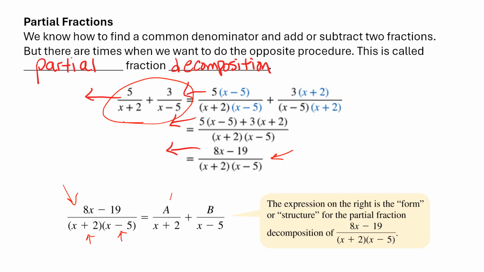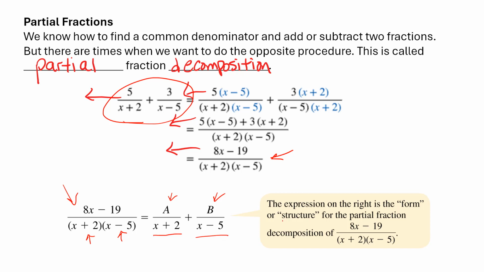And then the numerators will be unknown, but we do know that if we have a linear factor in the denominator, which means x is only to the first power down there, we will put a constant in the numerator, so just a letter like a. And that's true for both of these fractions, that the denominators are linear. So we'll have an a for the numerator here on the first fraction and a b for the numerator on the second fraction. And that's all we would do to start setting it up.